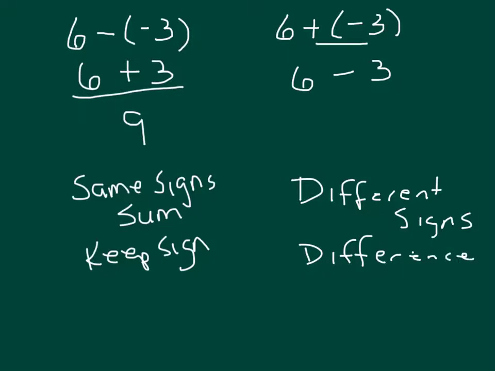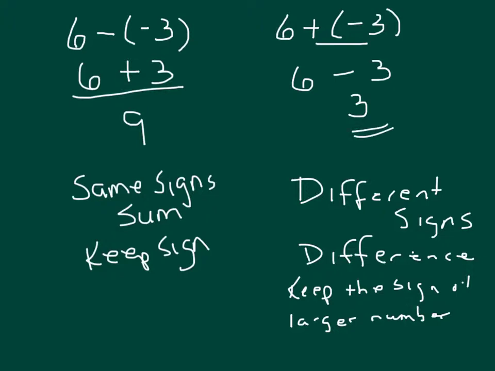And the difference between 6 and 3 is 3. And we keep the sign of the larger number. And which number is larger, 6 or 3? Correct. 6 is larger, and it's positive, so our answer is going to be positive 3.